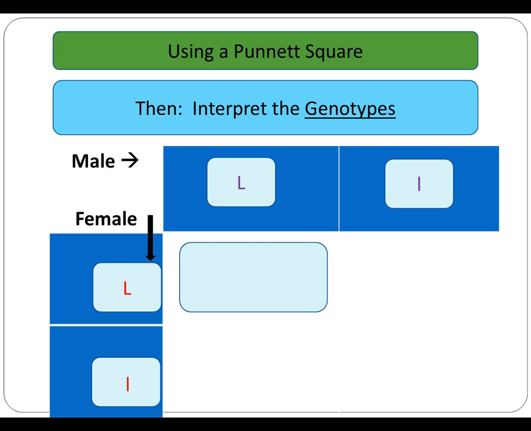Just write in there the phenotype. You would say homozygous dominant causes which phenotype you would see, gene present or not.